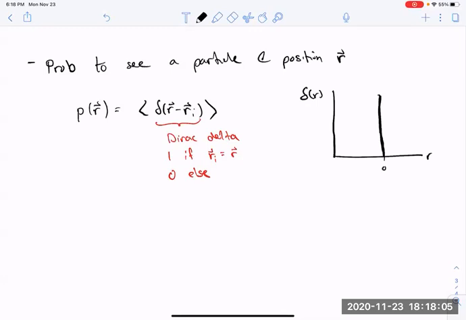Back when we thought about the gas in the room, the likelihood of finding a gas molecule in one corner is equal to it being in another corner or in the middle of the room. If all spaces are equally likely, then the probability of finding it at a particular space is just 1 over the total number of places, or 1 over V.